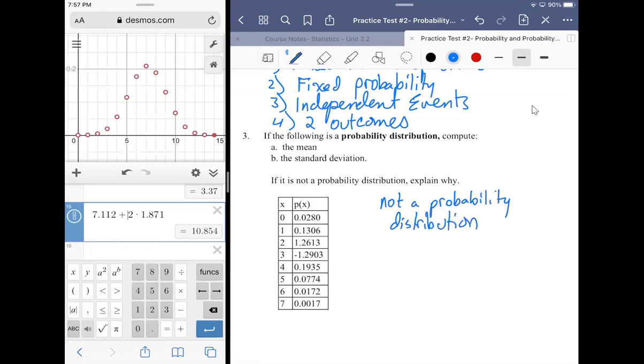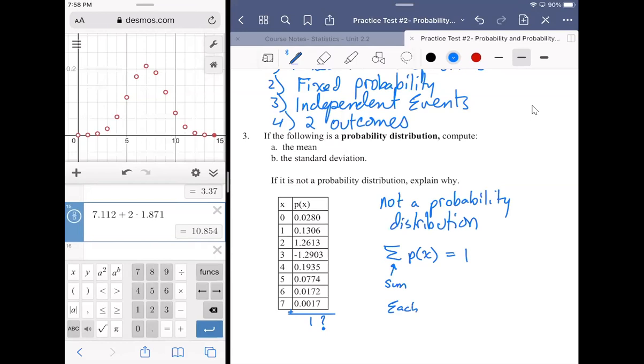All right. In order for a distribution to be considered a probability distribution, the sum of the P of X values must be equal to 1. Right? So that means all of these values have to add up to equal 1. Right? So you can check for that. But even before you get to that, you got to make sure each individual probability value is an appropriate probability value.